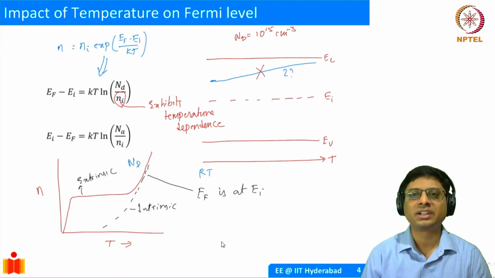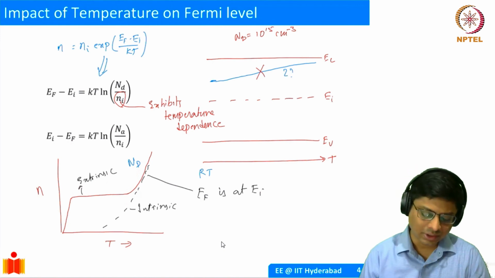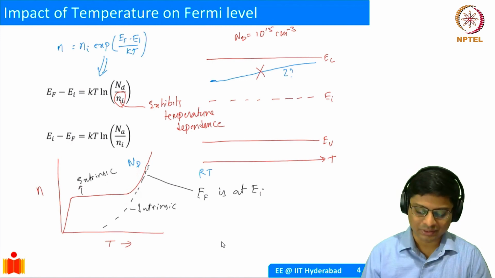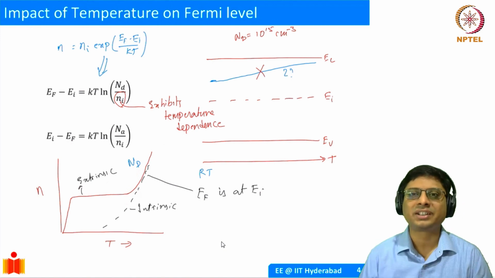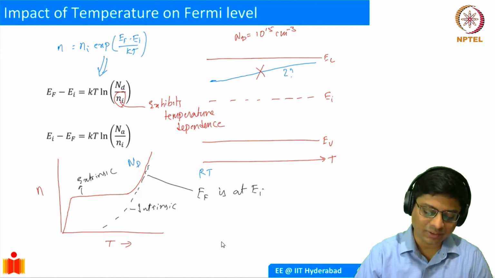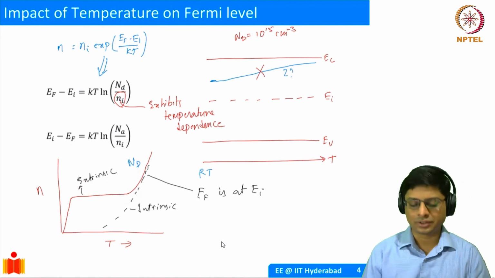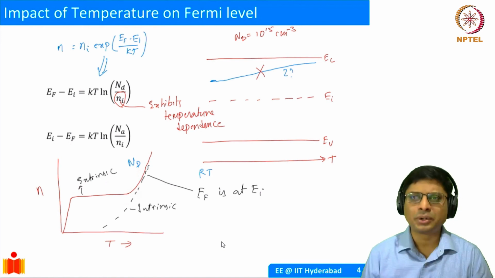Because for an intrinsic semiconductor, EF has to be EI. We proved it actually in one of the lectures, in the last lecture I believe. So what should happen now? It looks like as you increase temperature, the semiconductor becomes intrinsic. That means the electron hole pair generation is dominant, and it will take the Fermi level close to EI. Okay. So please think about it for a moment.